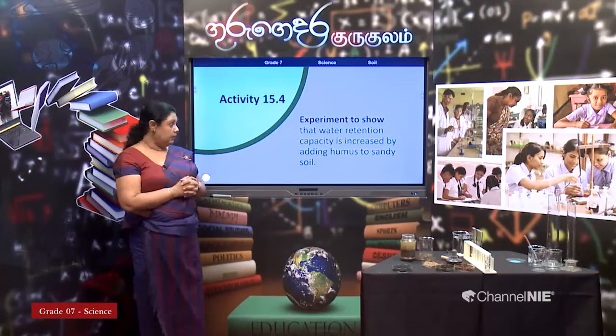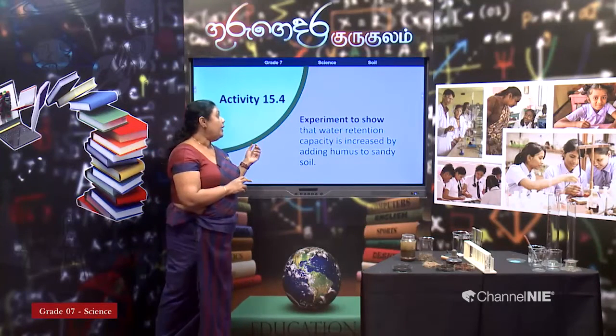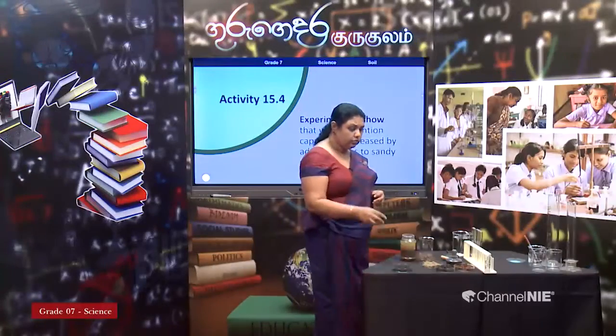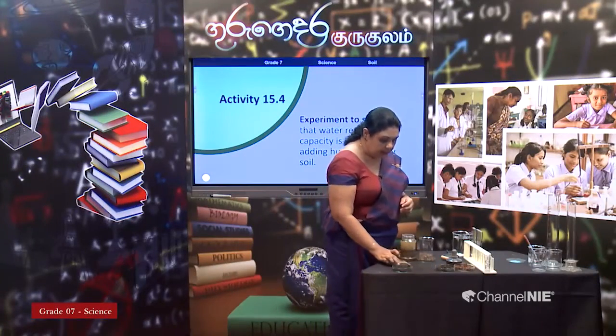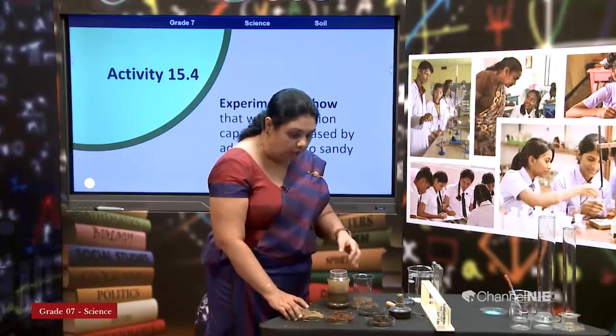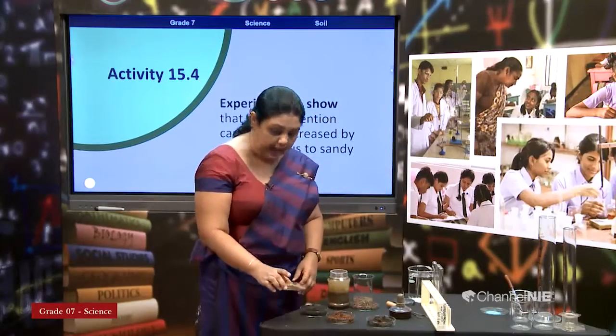There is an experiment now to find out how water retention capacity is increased by adding humus to sandy soil. Now, we will do that and see. You have sandy soil here. So, we will take some of this humus, this is humus and this is sand.